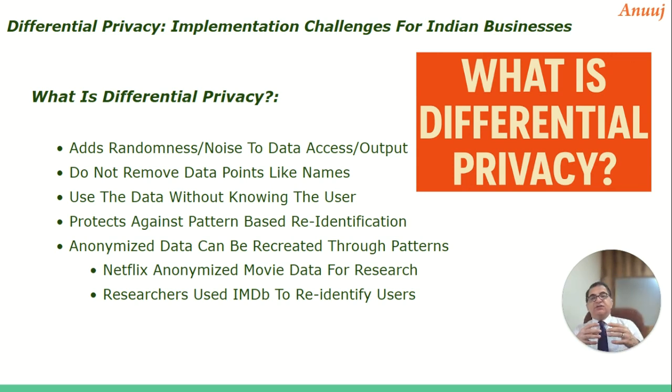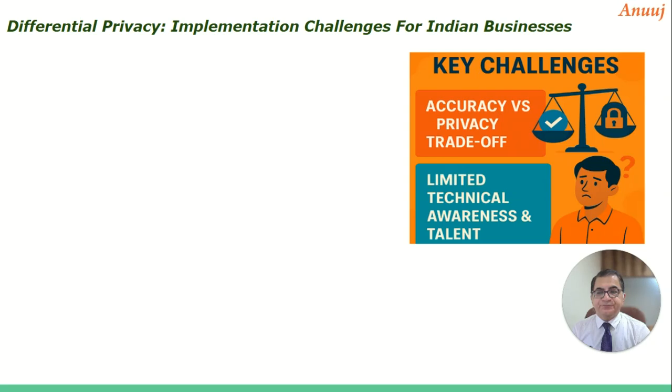Netflix research outputs could get correlated with IMDb research outputs, and eventually all the Netflix research holders could actually know the identity of each and every individual. So the privacy got broken, right? With the help of an external data source, with the help of an external arrangement, you can say, anonymization was broken here.